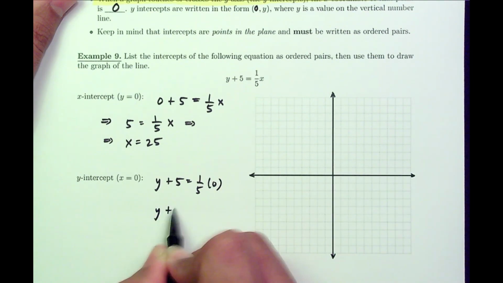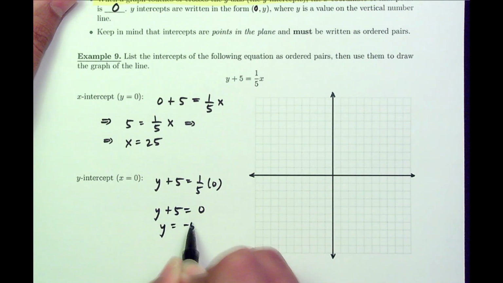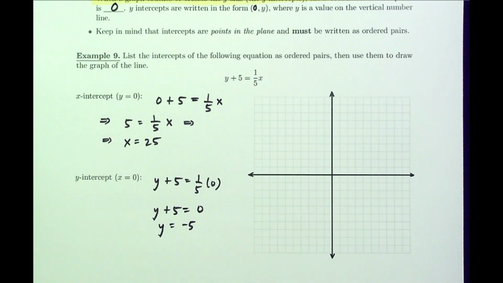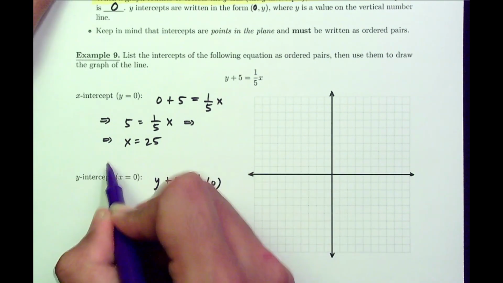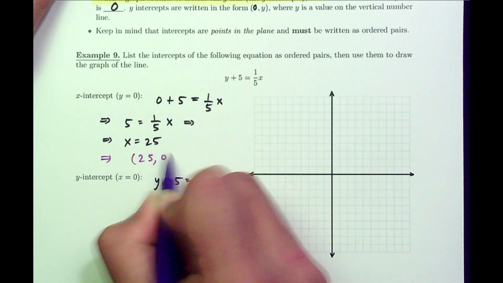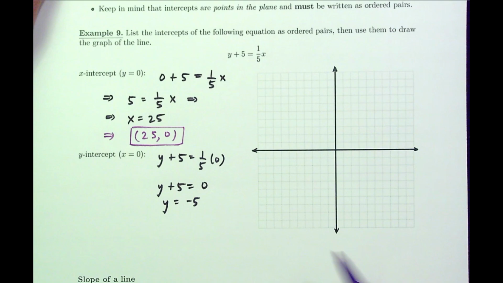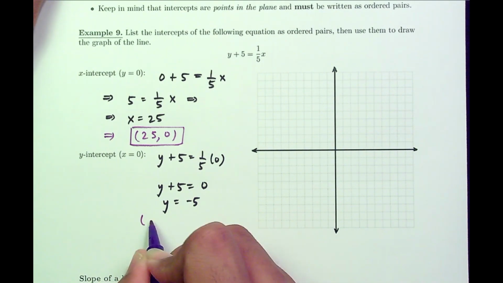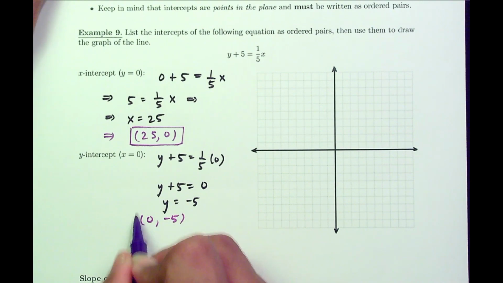That means y plus 5 equals 0, which means y equals -5. Okay, so x equals 25 means that the x-intercept is 25, 0. And y equals -5 really means that the y-intercept is 0, -5. Okay?